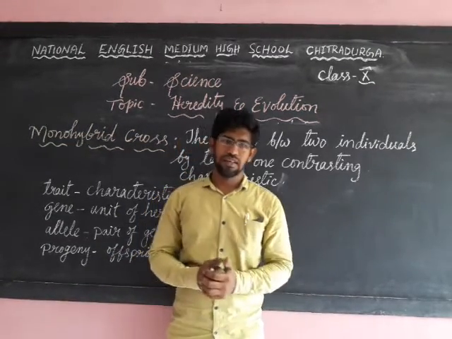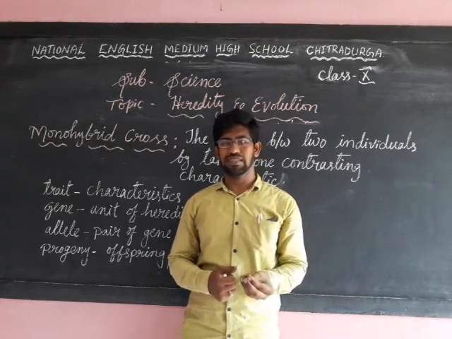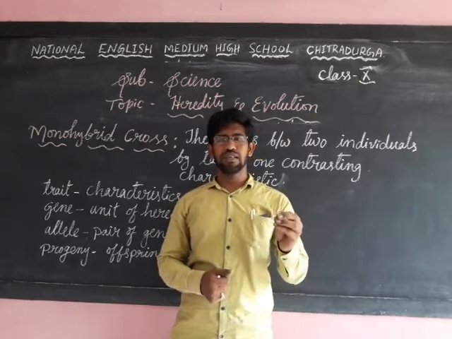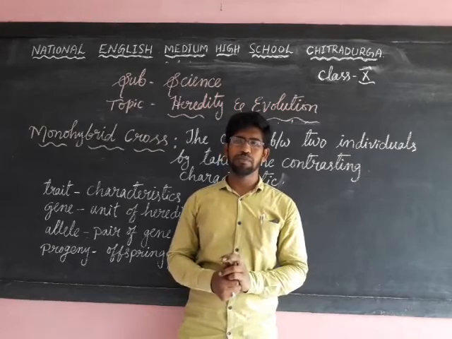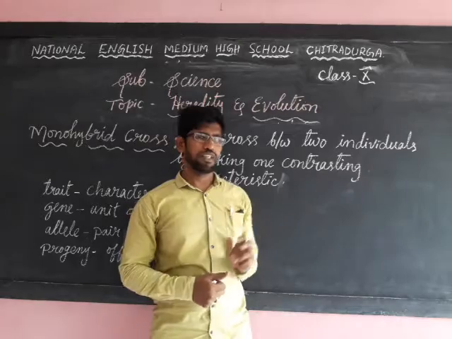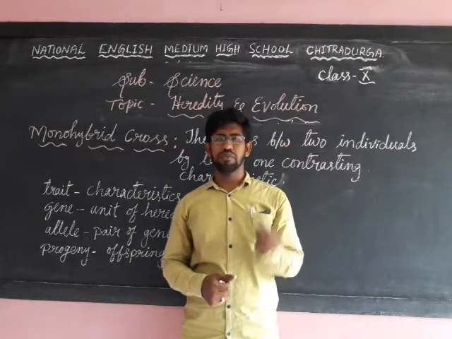I already told you in the previous class what the different physical characteristics present in the pea plants are. So one of the characteristics is selected and used in the experiments to get the result.